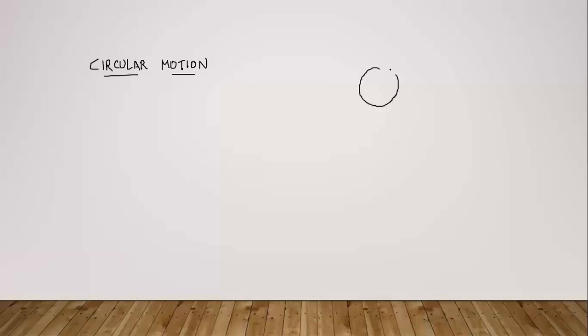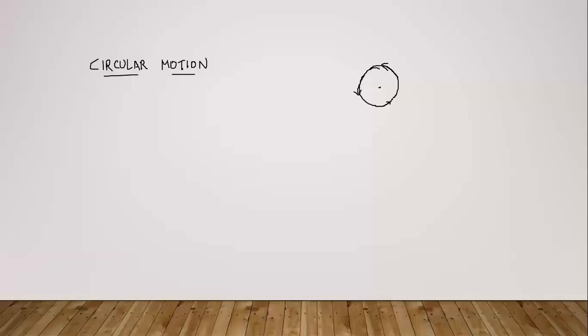So if this is the circular path and the body is moving on the circular path, we have seen that the velocity vector is not constant because even if the magnitude of the velocity is constant, the direction is not. And similarly, the acceleration also. The magnitude is constant, but the direction is not.